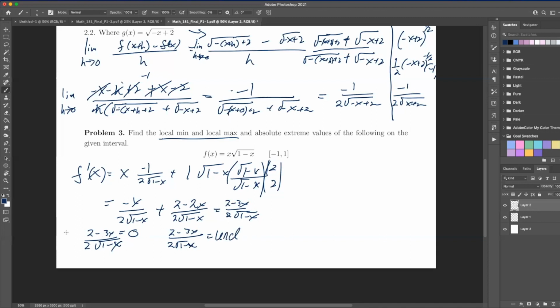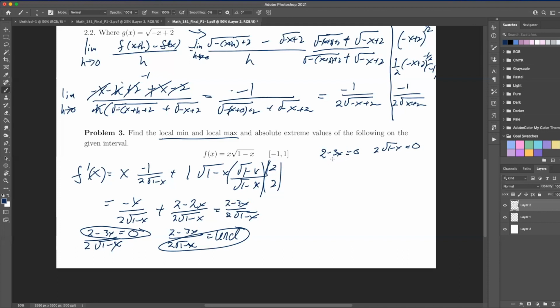So in this case, if it's 0, it means the top part was 0. So that means that 2 minus 3x is equal to 0. If this is undefined, that means the bottom part was 0. That means 2 times the square root of 1 minus x is equal to 0. Okay?